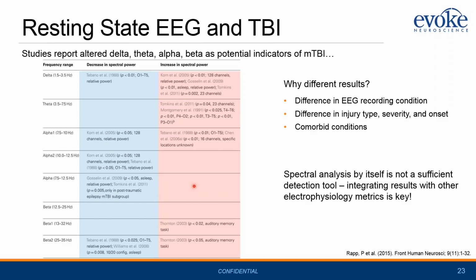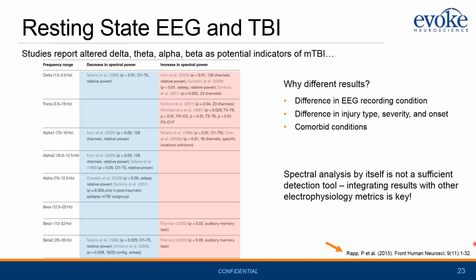It's really important to integrate these results with other electrophysiology metrics and look at the picture as a whole. None of these biomarkers are specific to TBI, but they're very sensitive to TBI. So we need to look at everything as one big picture. It's not just going to be one biomarker at a time. That's why we're reviewing 3 different biomarkers together and trying to piece together a puzzle.